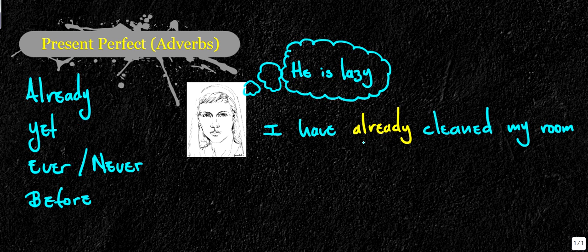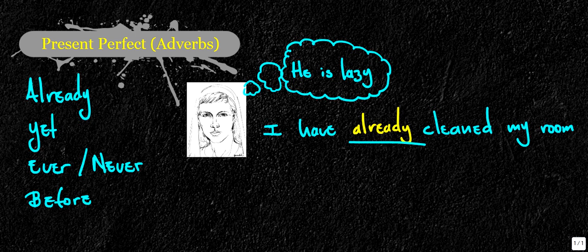Okay? So you include in the sentence the adverb already because you understand that your mother doesn't think that you have cleaned your room. You include already to tell your mother that in contradiction to her expectations, you have cleaned your room.